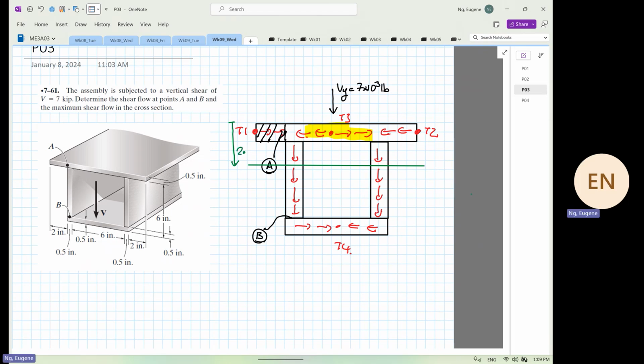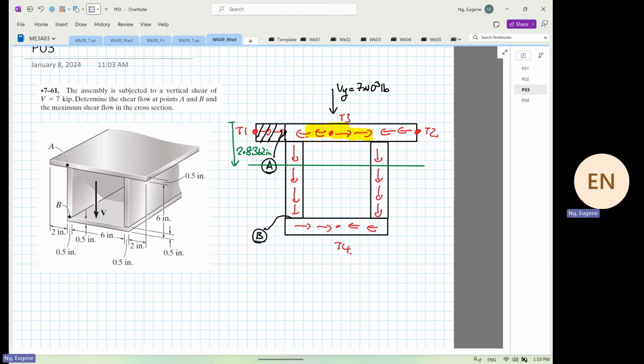I'm not going to waste time looking for all these values because all of you should know by now. So at point B, centroid, let's focus on the bottom box beam of white flange. Box beam.